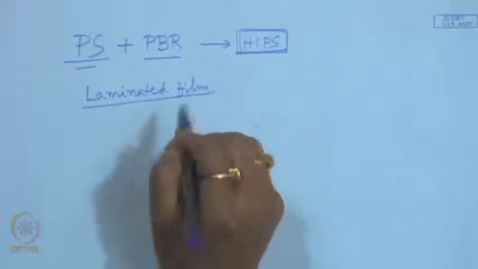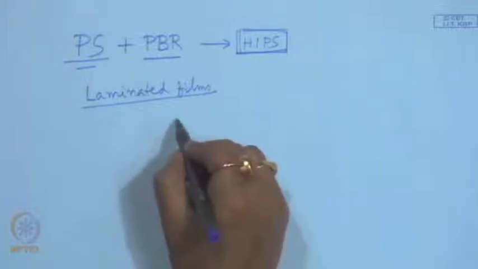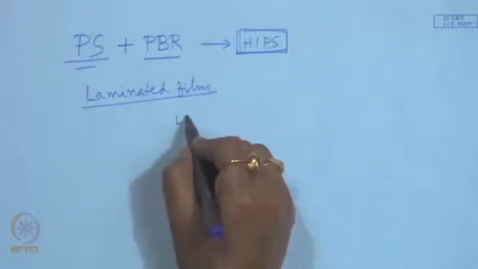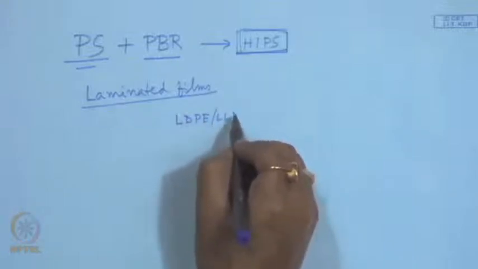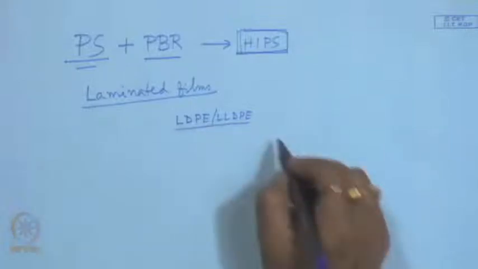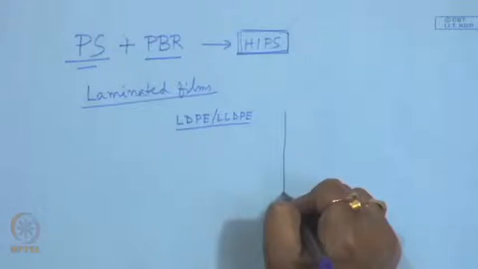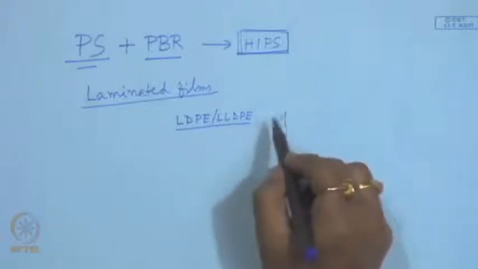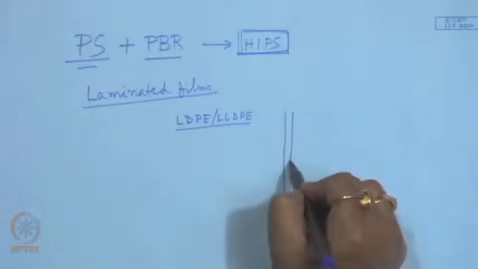Those laminated films are made of basically a blend of LDPE and LLDPE. This LDPE and LLDPE blend is used as the outer layers.